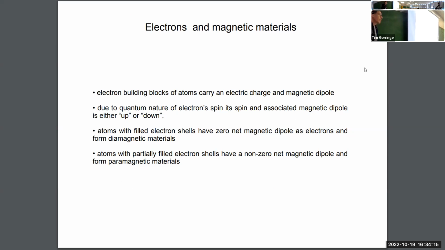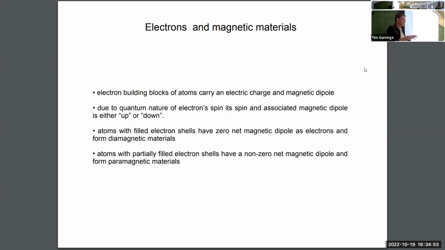I've got a few slides to start with, which are introductions, background material on magnetic materials, how their properties and characteristics are related to the electron constituents of the atoms in the material. And also a couple of slides to introduce paramagnetic materials and ferromagnetic materials and how we think about those materials.